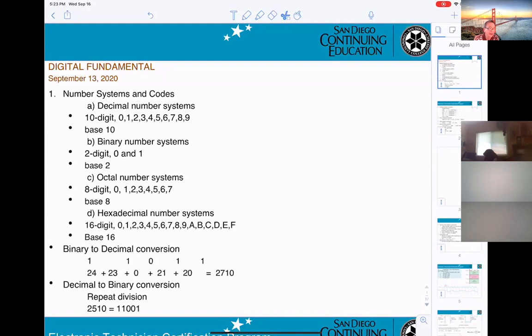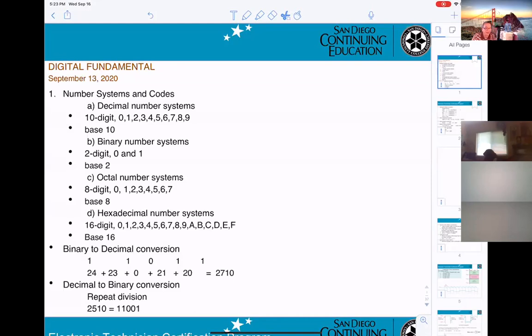And the last one is the hexadecimal number system. They get 16 digits, going from 0 to 9, A, B, C, D, E, F. So that's why they call it base 16.